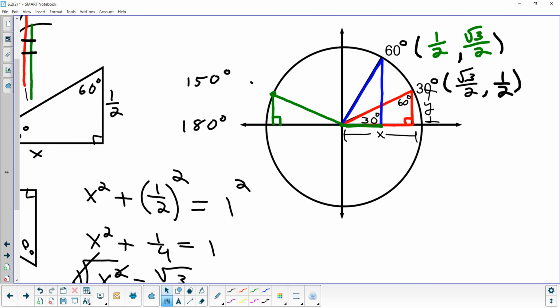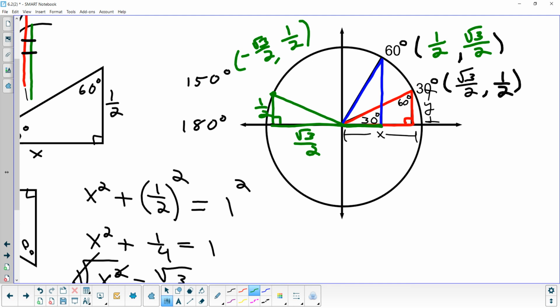That's a 150. Now, when we write the coordinate for it, this side is the long side. So that's √3/2. That's the short side, so it's 1/2. But what's going to happen to the x value? Because we're in quadrant 2. Yep, it's going to be negative. So this is negative √3/2, comma, 1/2.